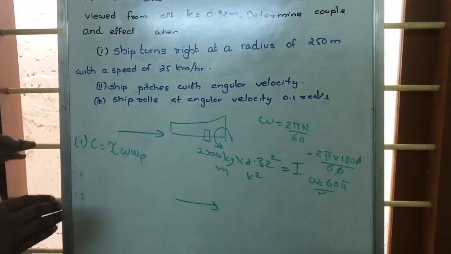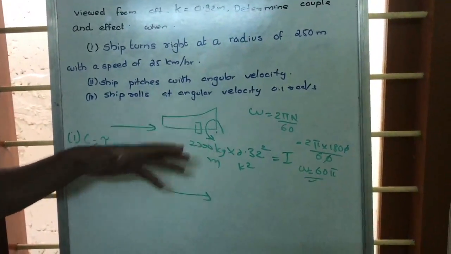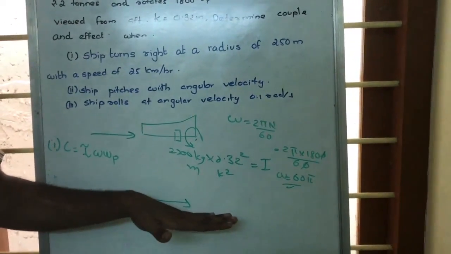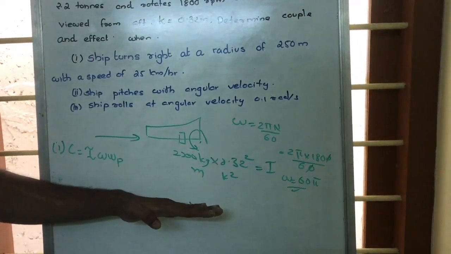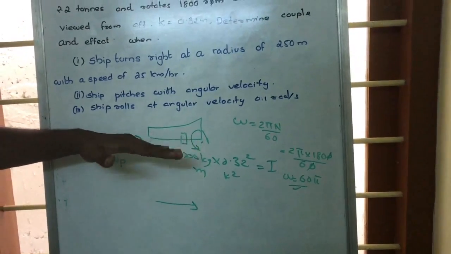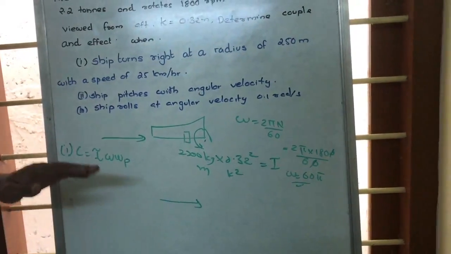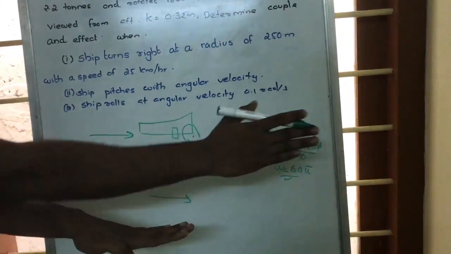In the first case, initially this rotor is rotating in the clockwise direction, so we have the direction of this omega towards the propeller or towards the turbine. Then the ship turns right, as given in the question. Suppose the ship is turning right. First the ship was like this and omega was like this.